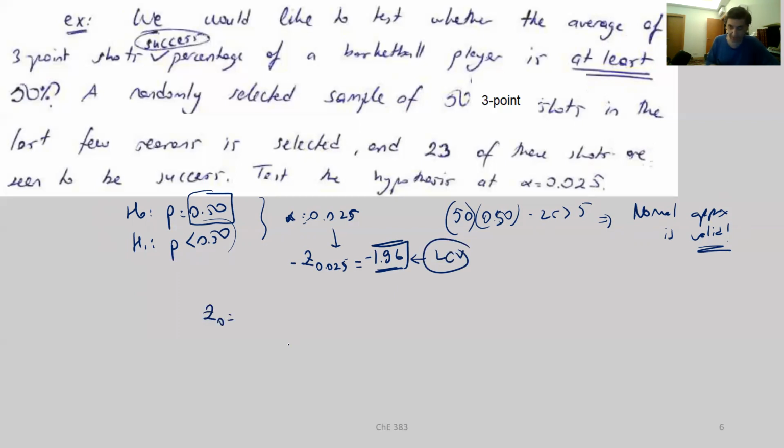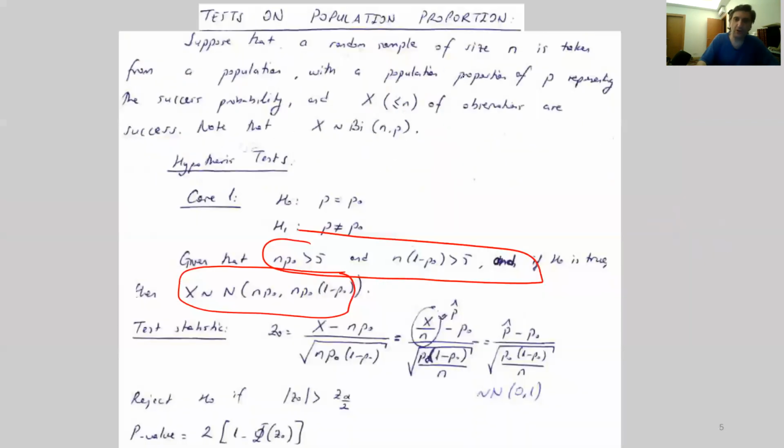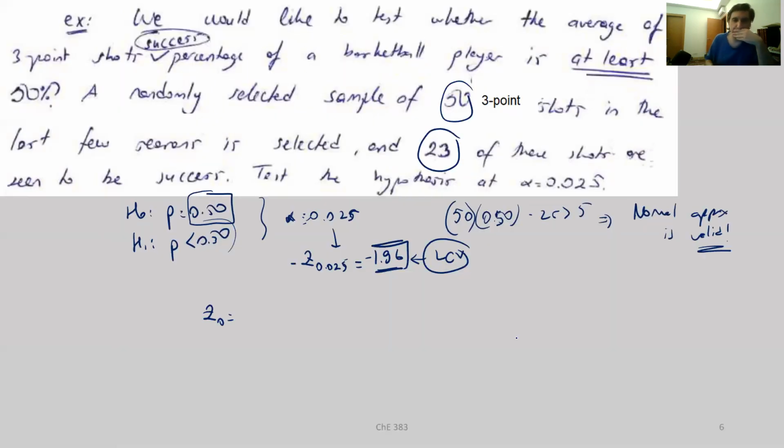Z0 is going to be equal to 23 out of 50. If we go back here, the test statistic is the maximum likelihood estimator of the Bernoulli distributed P minus the hypothesized value divided by the standard deviation term, square root of P0 times 1 minus P0 over n.